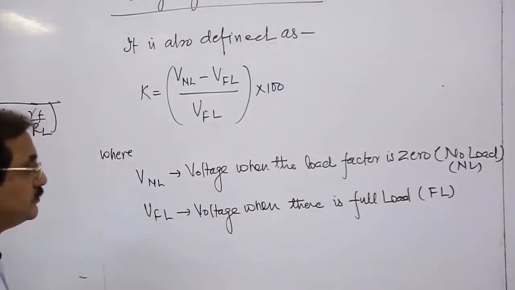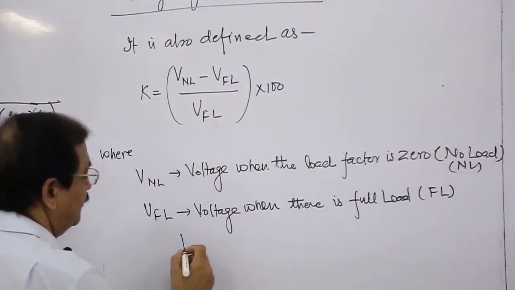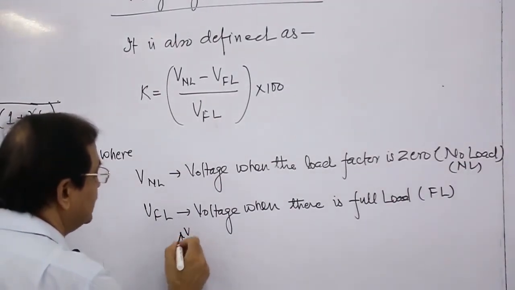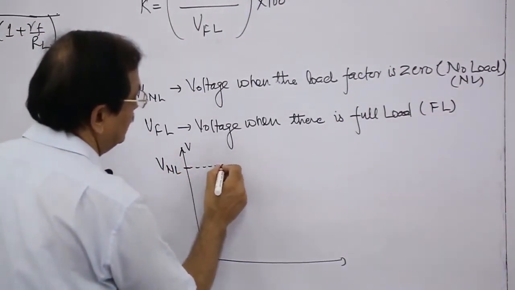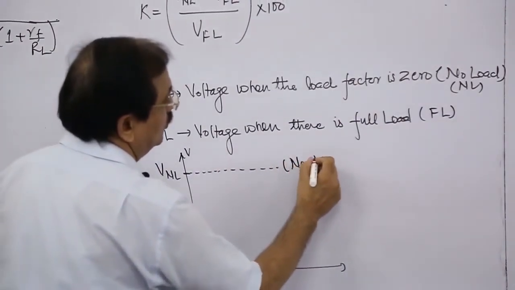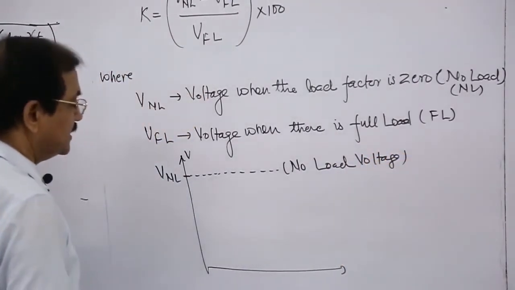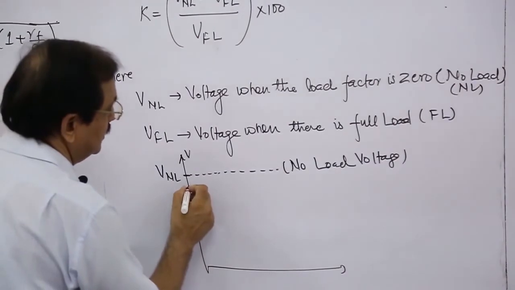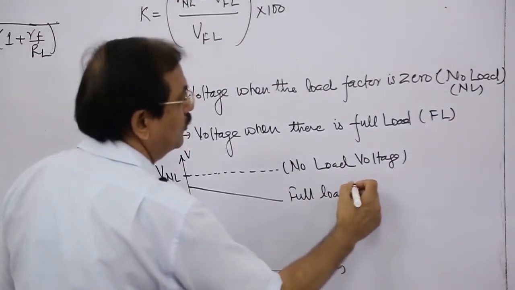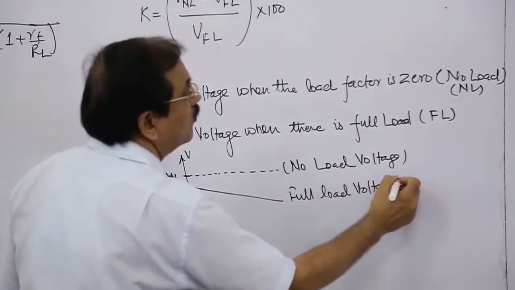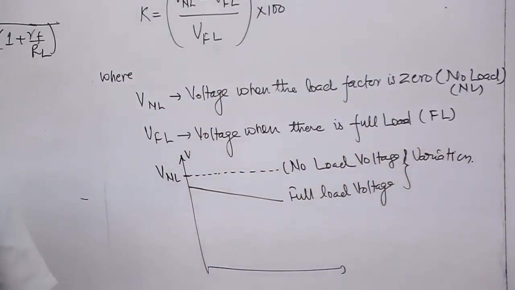So, if you want to see, then this is the no load voltage, and this is the full load voltage variation.